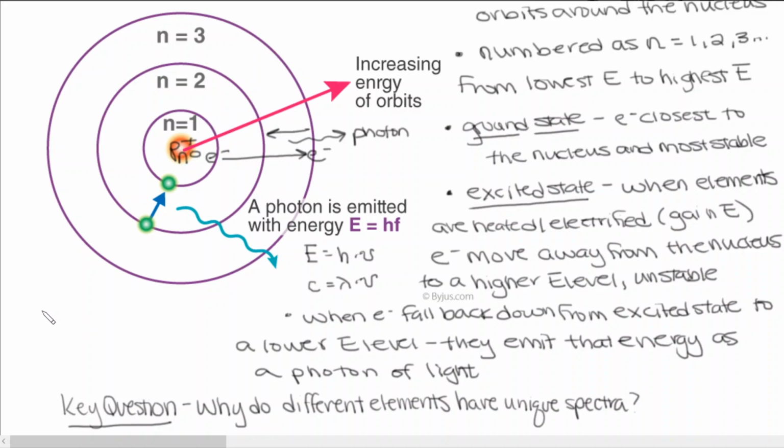So one of the equations that we can use to calculate how much energy is emitted, the equation in the box at the bottom of your page, is that the energy of the photon will be equal to the energy of the higher energy level minus the energy of the lower energy level.